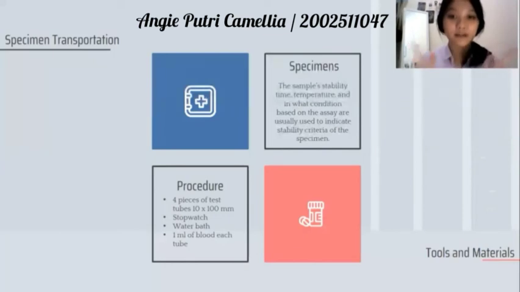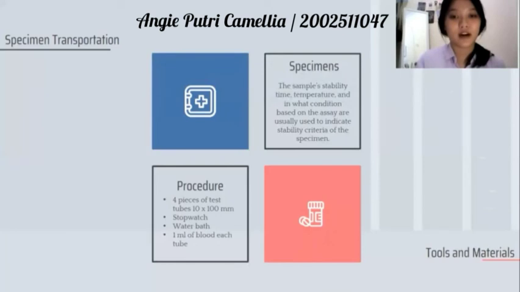The sample stability time, temperature, and conditions based on the assay are usually used to indicate stability criteria of the specimen. And some tools and materials that we need in clotting time are 4 pieces of test tubes, a stopwatch, a water bath, and 1 milliliter of blood for each tube.